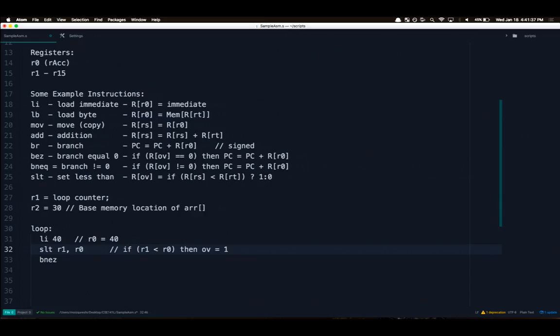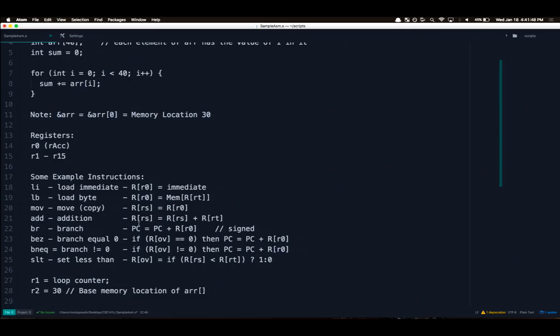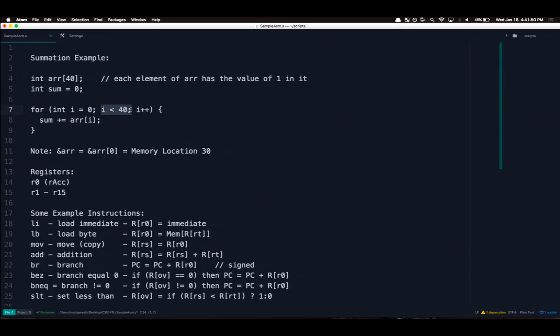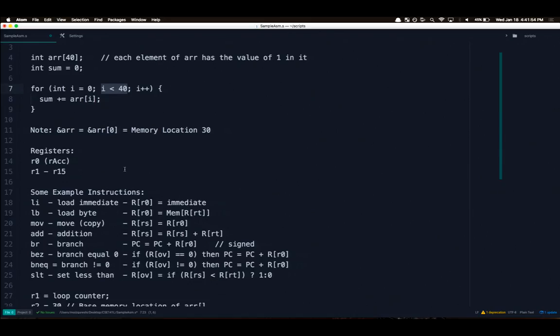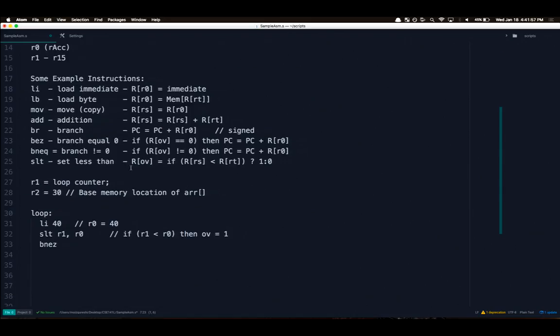It's just going to be set to 0. So that's what that's doing. Because we need to have a way of checking if our counter is less than 40. So it's basically doing the same thing as this, right there. That's all that's doing. Is the overflow register one of the 16? No, that does not count because that's just a 1-bit register. So that doesn't count against your 16 at all.